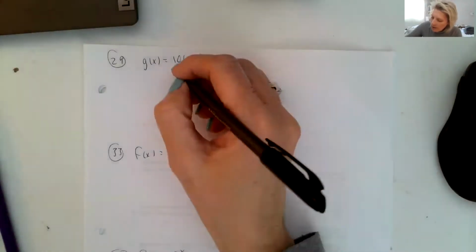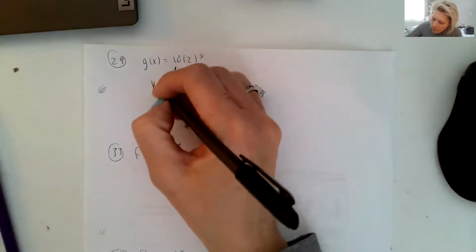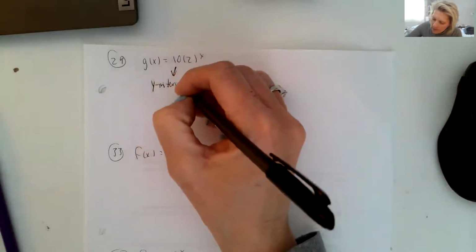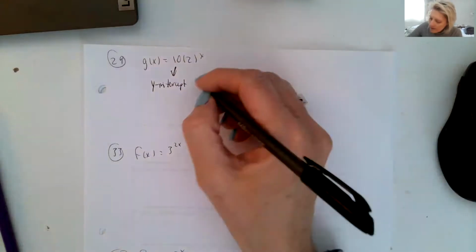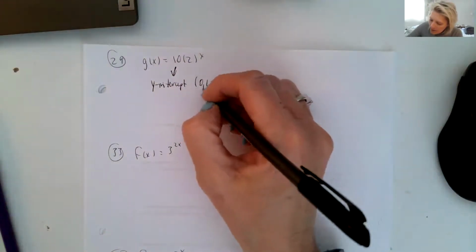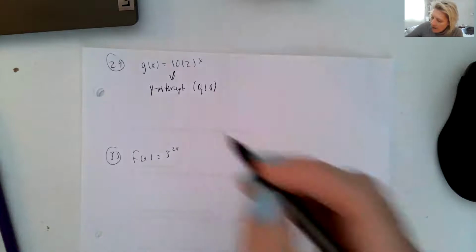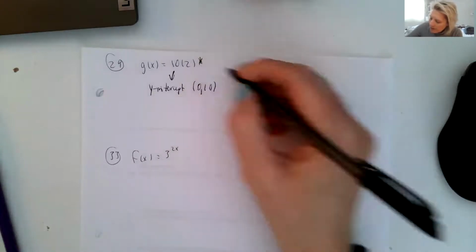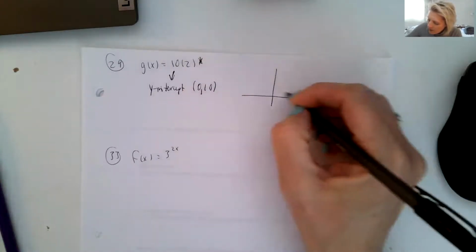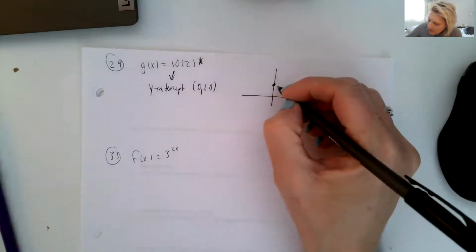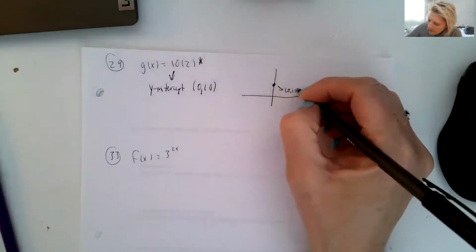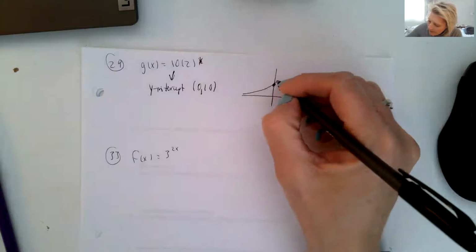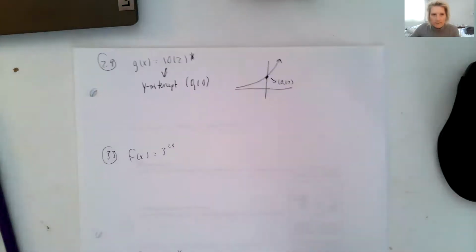This one has a y-intercept, which is nice because we can plot a point. It's going to be at (0, 10), and our base is 2, so we know it's exponential growth. There is our y-intercept at (0, 10), and we're going to grow like that.